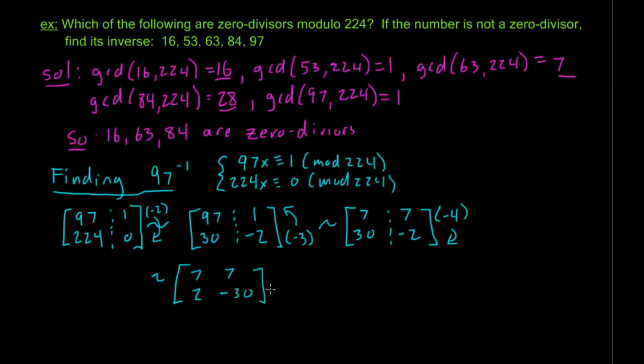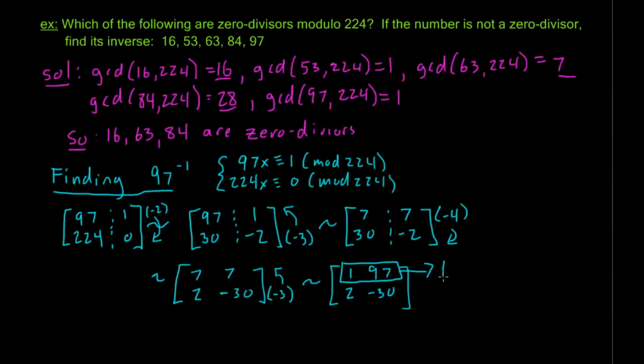And now final step, I'm going to multiply this 2 by -3 and add it to the top row. That's going to give me a 1. That's the one we're looking for. I still have 2, -30 on the bottom, although that's not so important anymore. -3 times -30 is 90. 90 plus 7 is 97. And now this top row, what does this top row say?